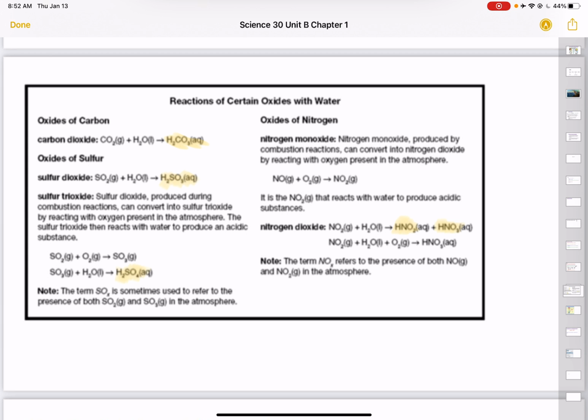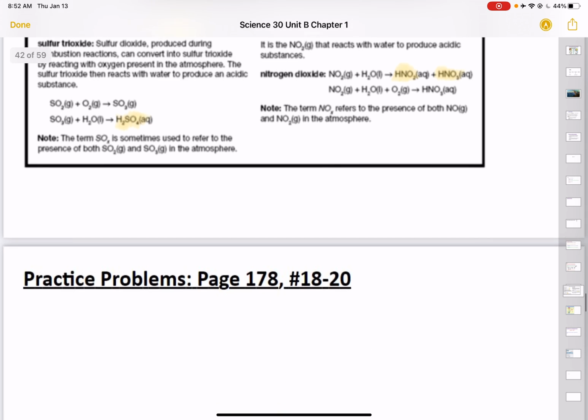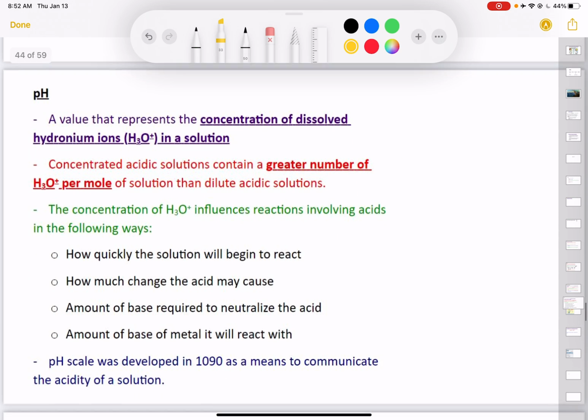That's all going to change the pH of the water and affect things that can live in that area. And certain things need to live there for us to eat. So it is important for the ecosystem that we reduce our acid rain.